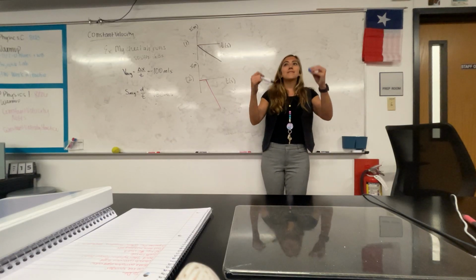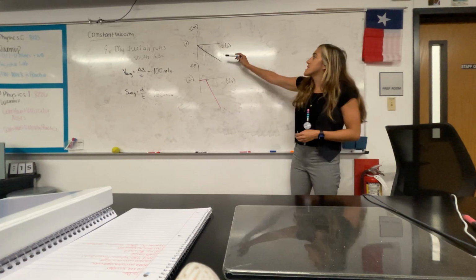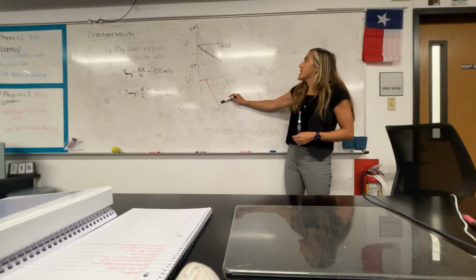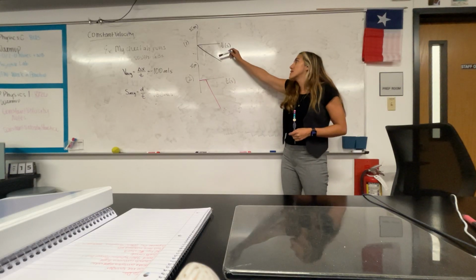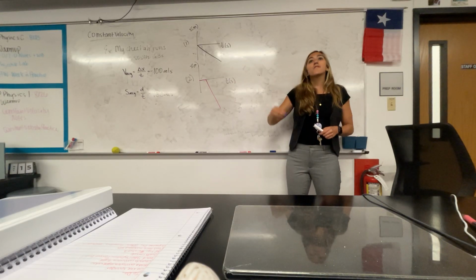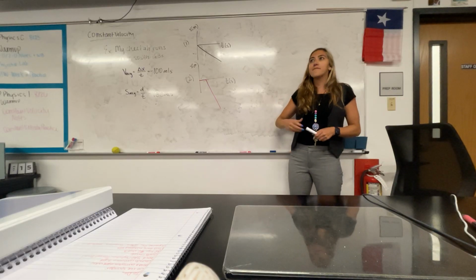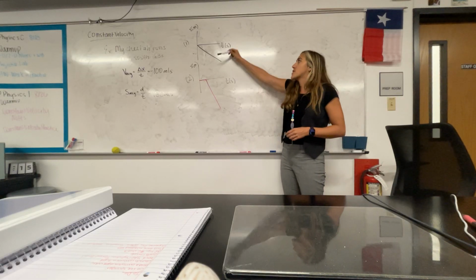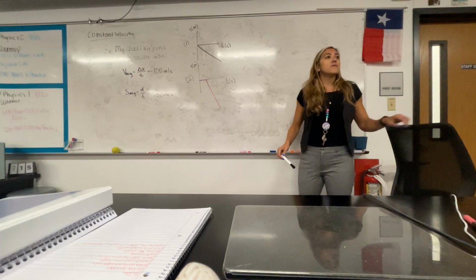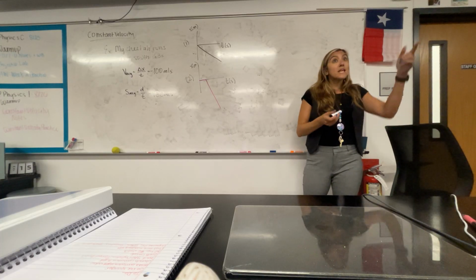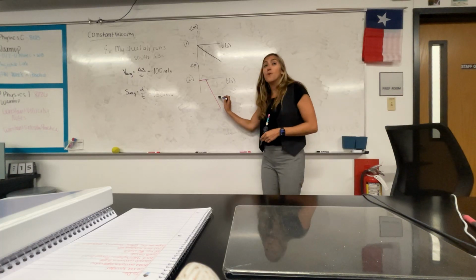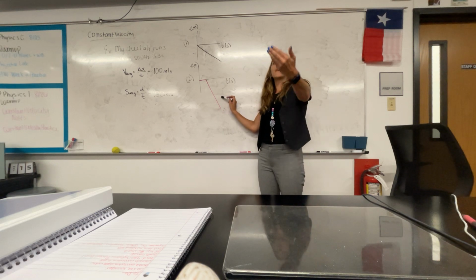When I look just at the line, what particular characteristic of the graph tells me that this one is faster than this one? The second graph is steeper, right? A steeper slope means it was going faster.